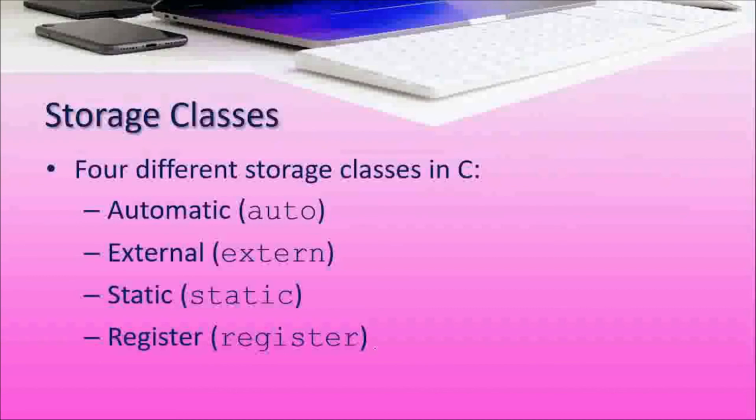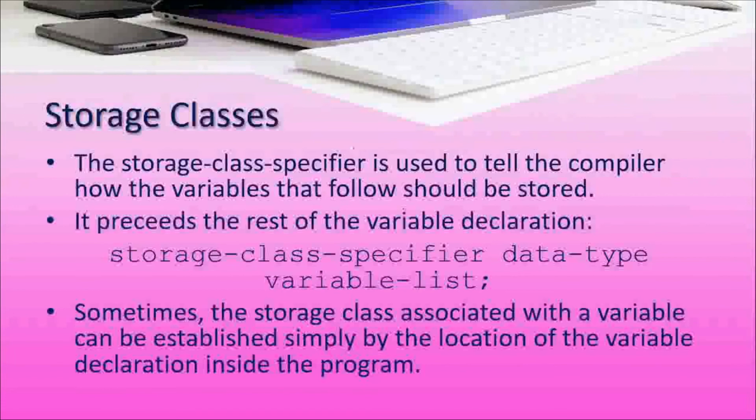Now let's see each one of them one by one. First, how the storage class specifier is used. The storage class specifier is used to tell the compiler how the variables that follow should be stored, which we have already discussed. The storage classes are used within a program in this way: first the storage class specifier, whether it is auto, extern, static or register.